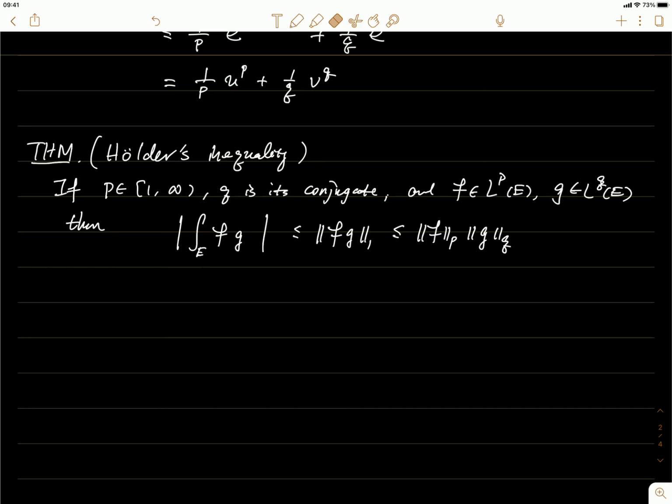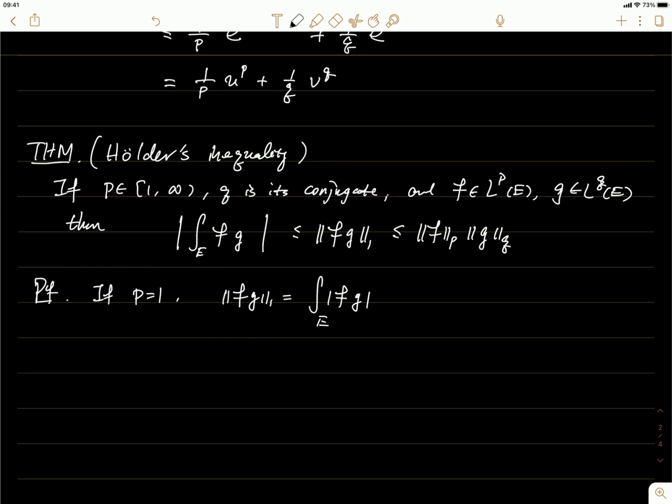We consider two cases. When p is equal to 1, we just need to show the second inequality, as we said. Then this is equal to the integral of that, right? But if p is equal to 1, then q is infinity, then g has an infinity norm.